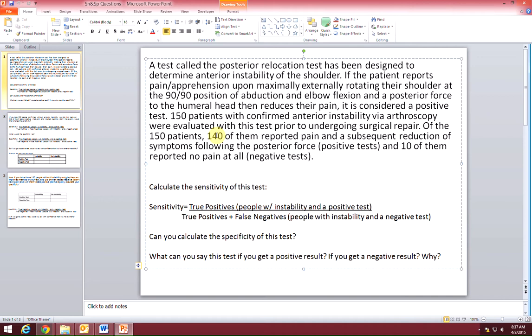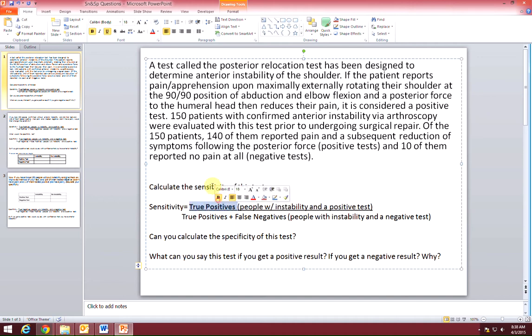When you're reading about different tests, you need to deduce what a positive test is and what a negative test is, and I'll be sure to make that clear. So 140 people have positive tests with the pathology. You have 150 people with pathology, 140 of them have positive tests. Those are your true positives.